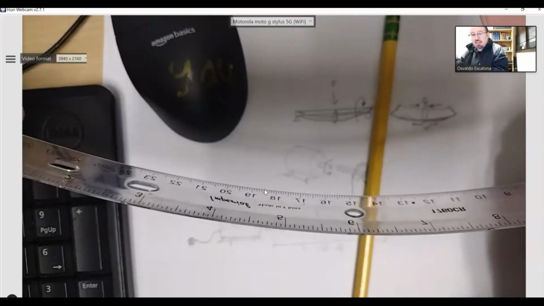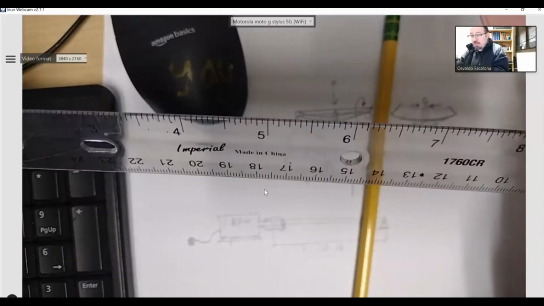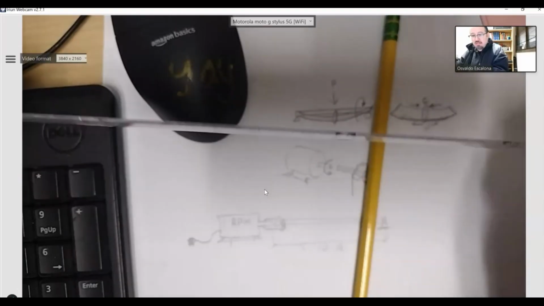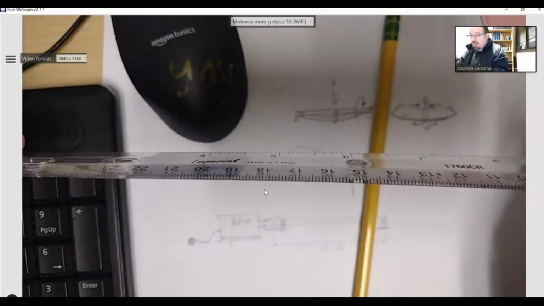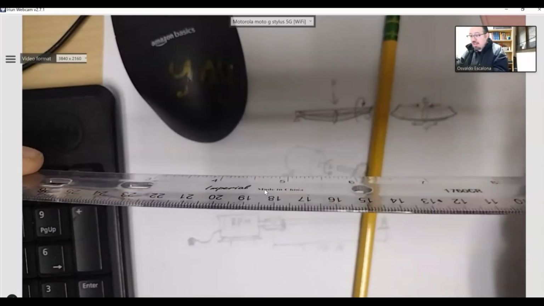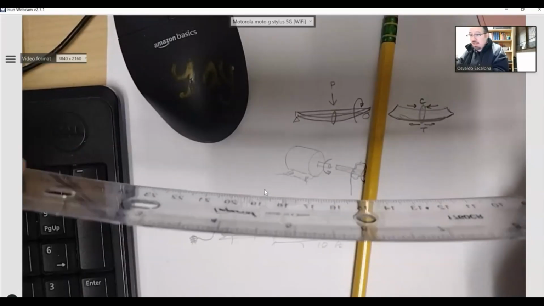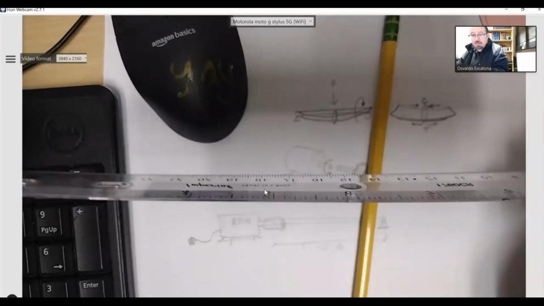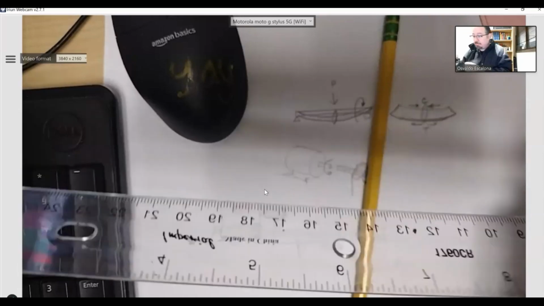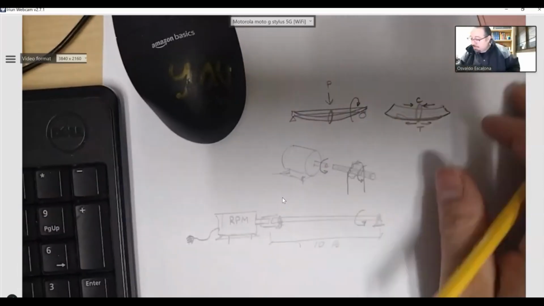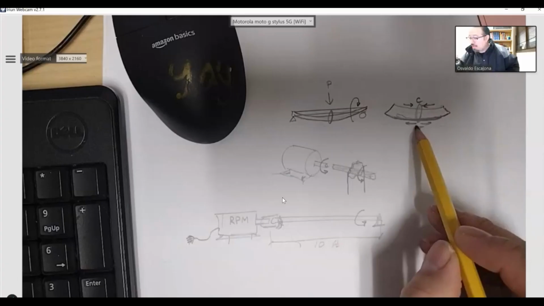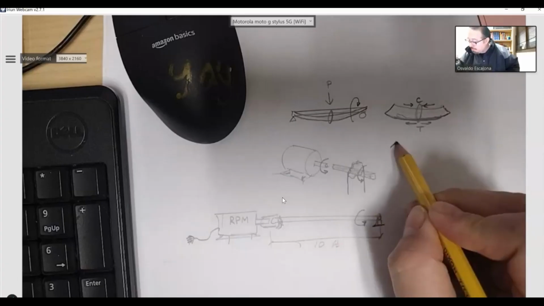And then eventually I turn on my motor. And whatever used to be the bottom, as I flip it, now becomes my top. And as I flip it, my top now becomes my bottom.